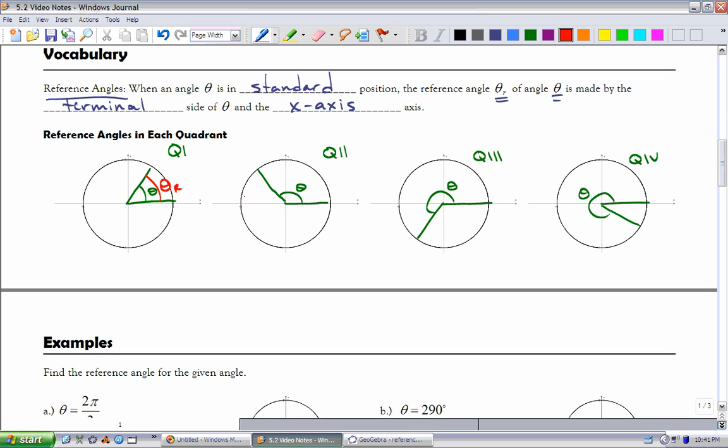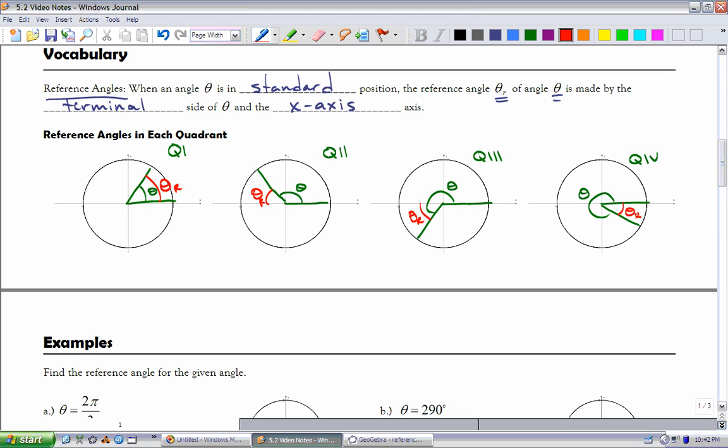We'll come back and talk about that. In my second quadrant, remember, it's made with the terminal side and the x-axis. Here, in quadrant 3, my reference angle is there, and in the fourth quadrant, my reference angle is made there.